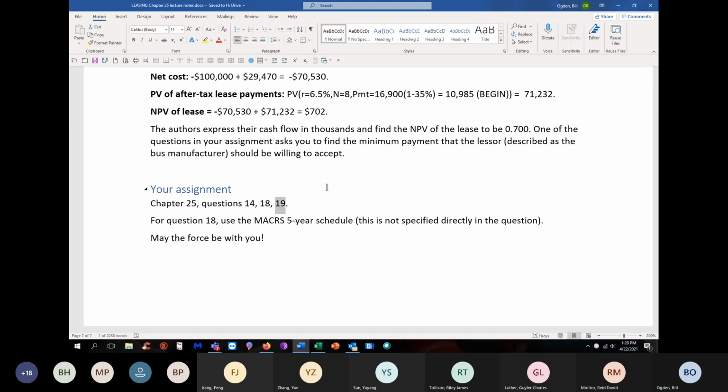All right. Now, the question 19 is fairly similar to what you'll be doing for question 14, except that instead of being in the 5-year class, it's in the 7-year class. So you will have 8 depreciation factors. And I believe it'll be 10 payments too.